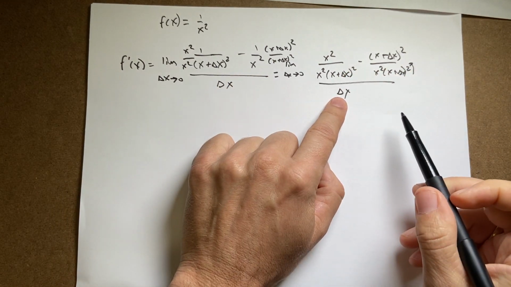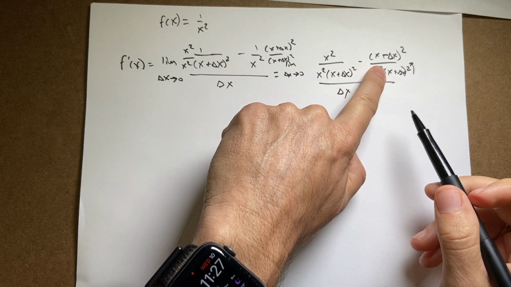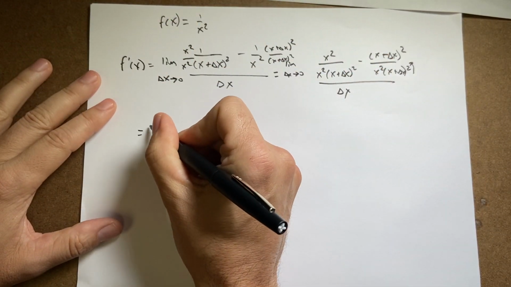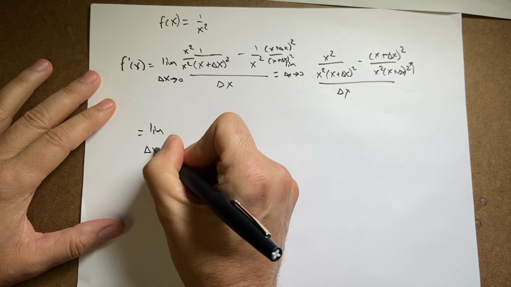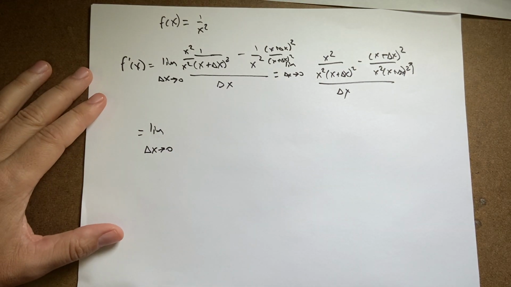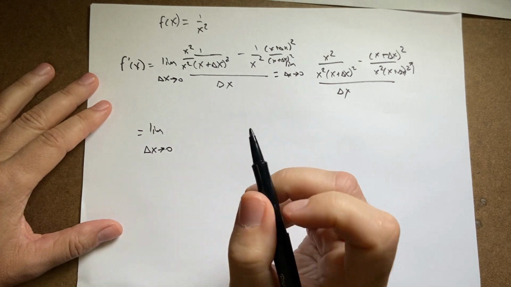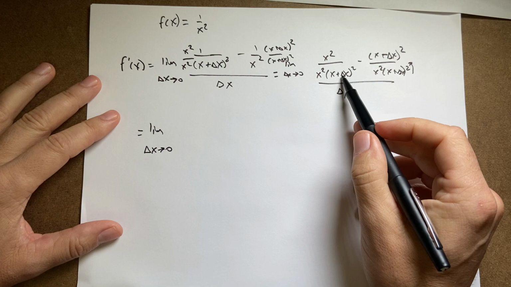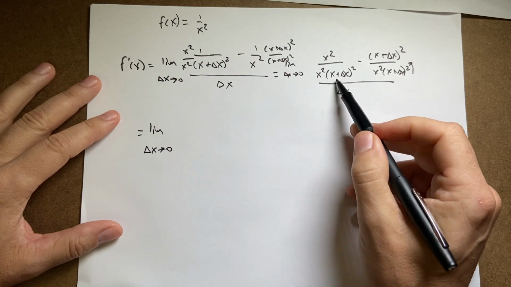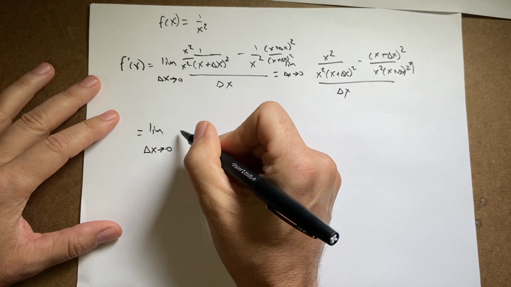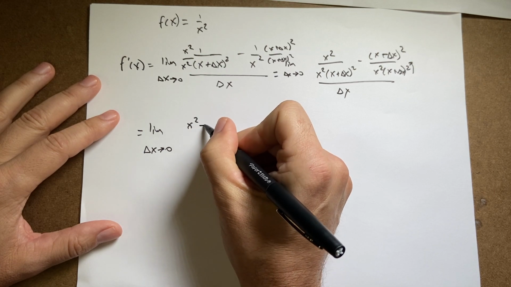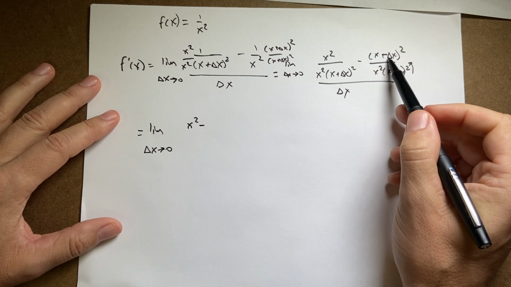Before doing that, let's combine these. I get the limit as delta x goes to 0, and I didn't work this out beforehand, so like I said, there's a very good chance of a mistake. I can combine these as just this in the bottom with this on the top, and I get x squared minus, so we're going to square this out.